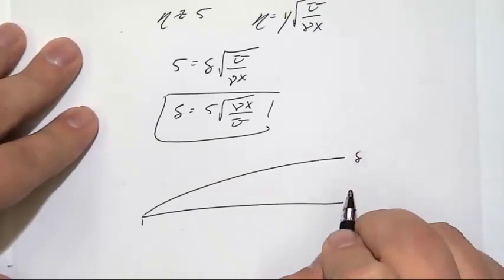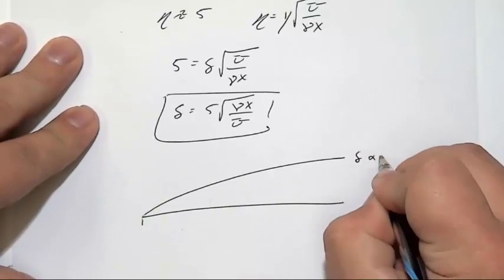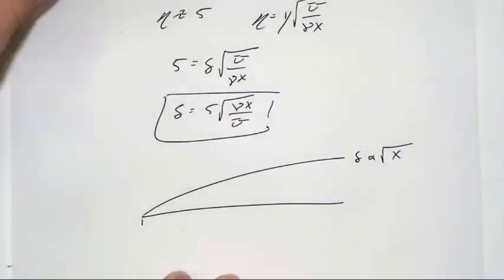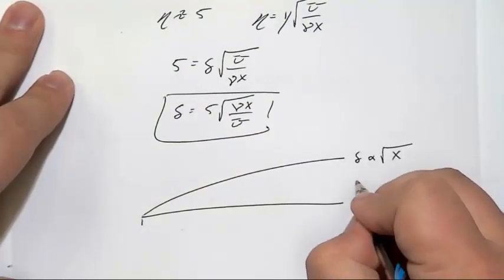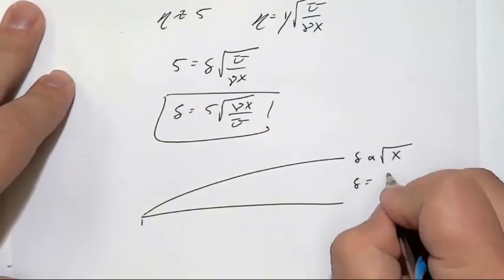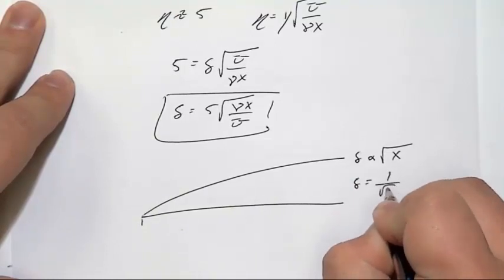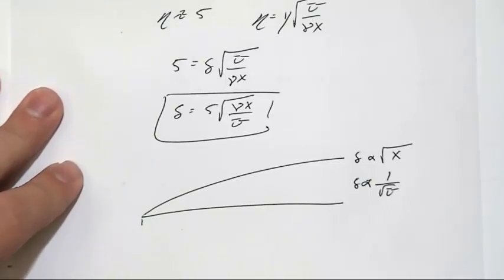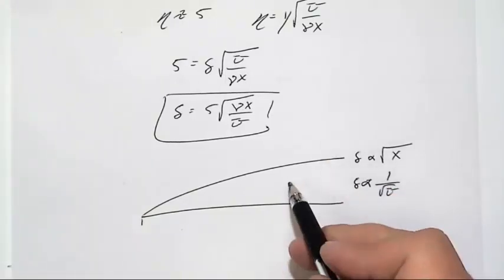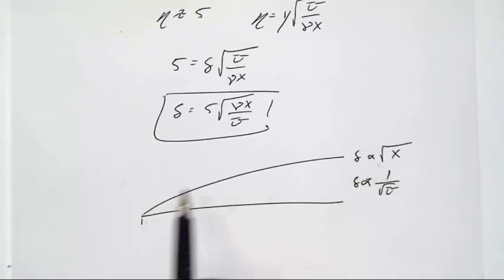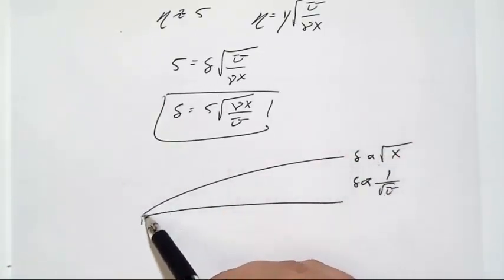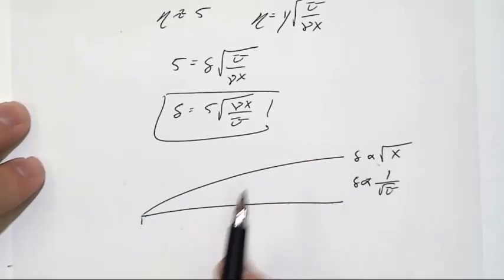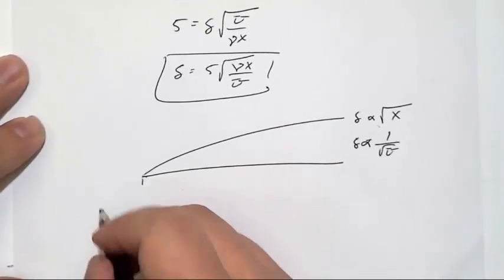What that's saying is that the thickness of our boundary layer is proportional to the square root of x, and also proportional to 1 over the square root of U. So higher velocities are going to allow this to get flattened out more compared to lower ones, where it's going to form more quickly. Okay, great. So this is the first part.